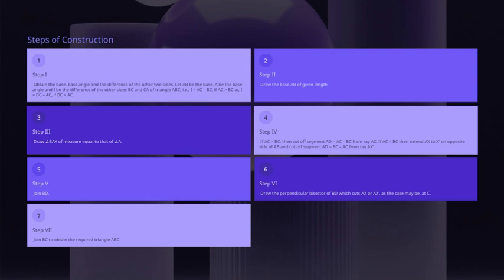Finally, in step III, we determine the base angle, and the difference between the other two sides, BC and CA. We define I as this difference, either AC minus BC if AC is larger, or BC minus AC if BC is larger. This difference I plays a significant role in the overall construction, as it guides us in adjusting the figure to meet the given conditions.